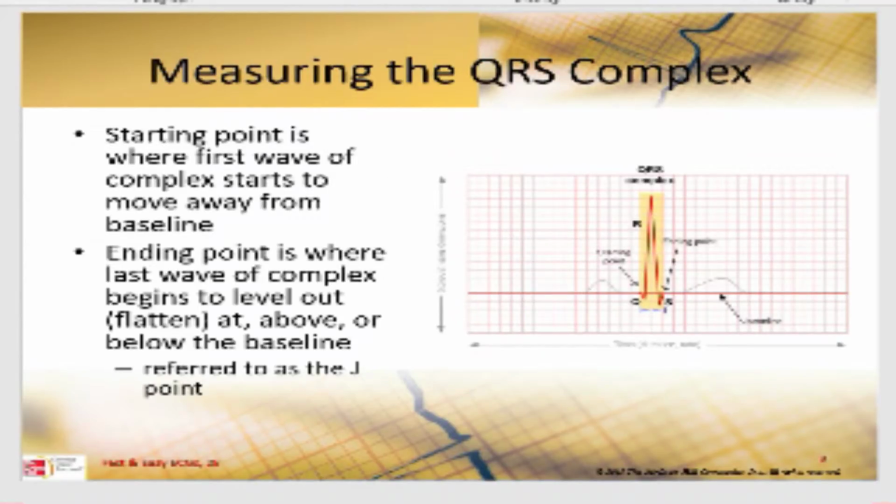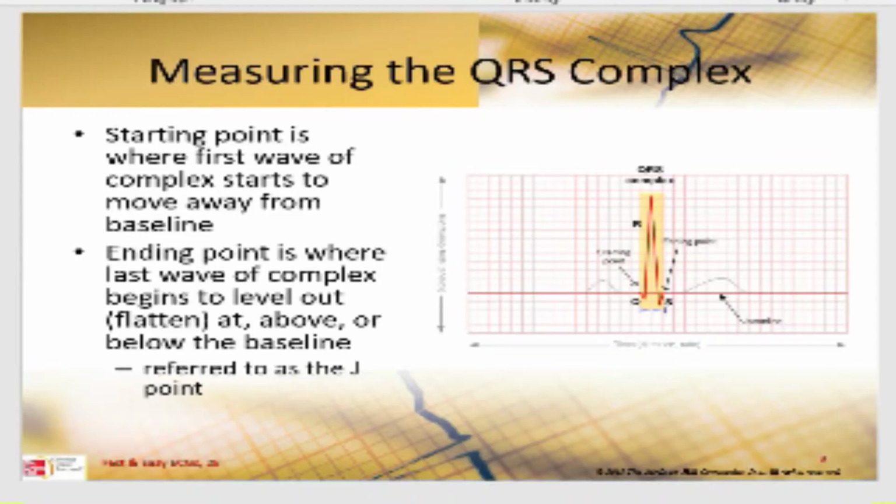When you start to measure your QRS, you're going to start at the very first spot where it starts to leave the baseline. And it's going to end where it comes back to the baseline. So that's the J point. The ending point is the last wave of your complex where it begins to level out or get flat.